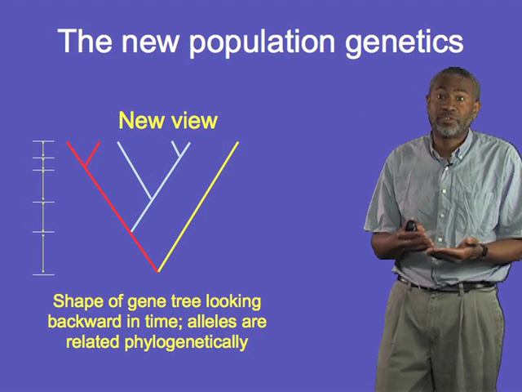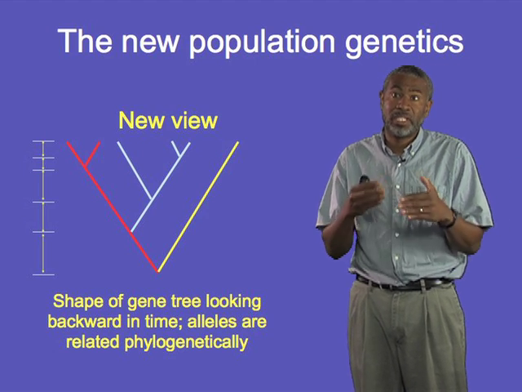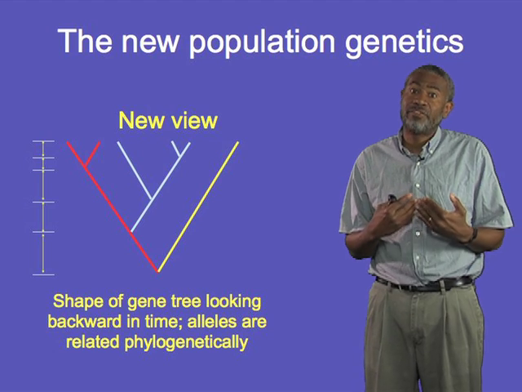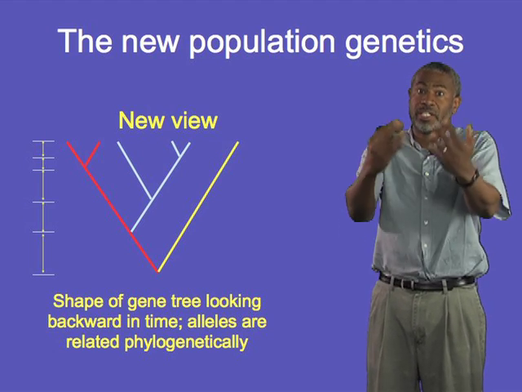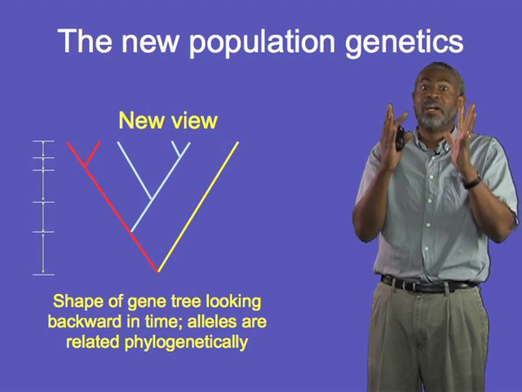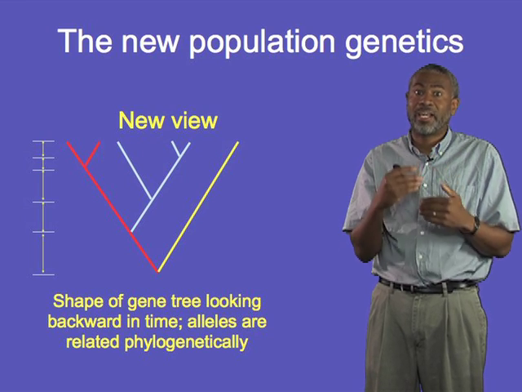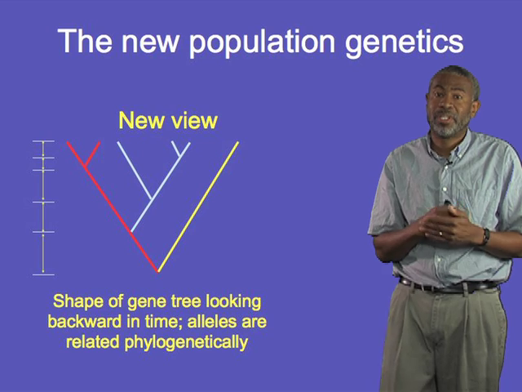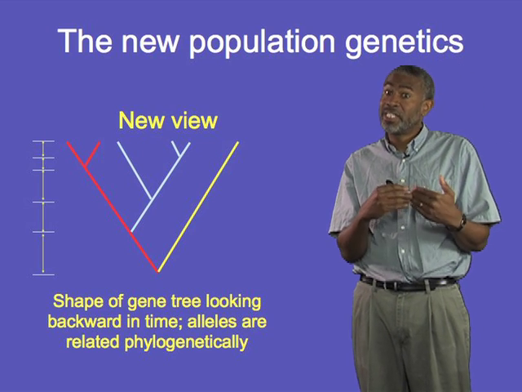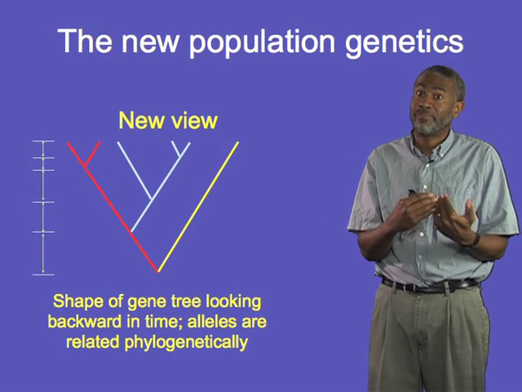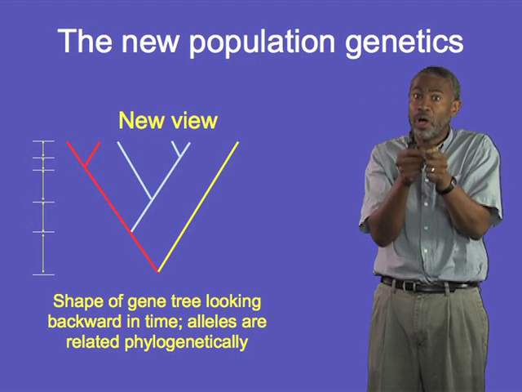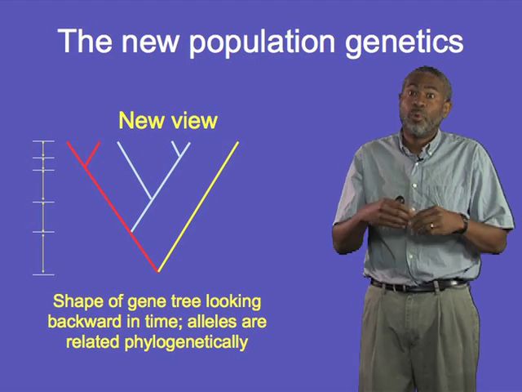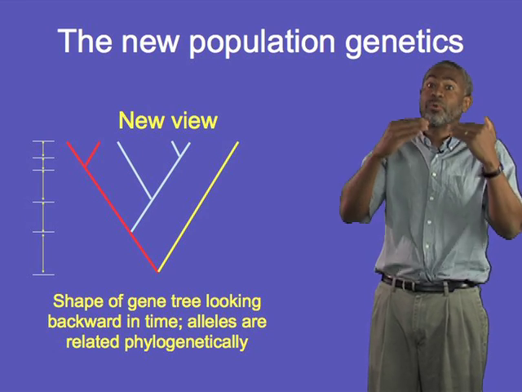Also, an interesting difference from the earlier population genetics is that whereas the older population genetic approaches tended to think of genetic variation going forward in time, we would simulate what gene frequencies would look like from an ancestral population to a more recent population. In this new approach, which is actually called coalescent theory, because the alleles are coalescing into common ancestors, we're actually going to think of it going backwards in time.